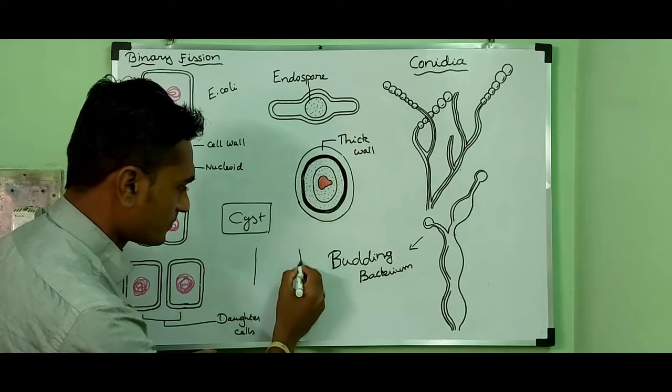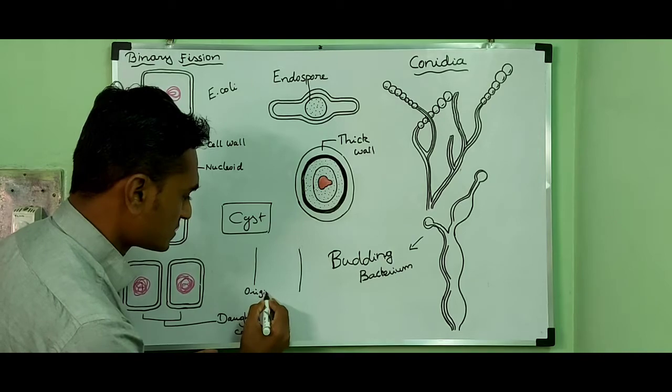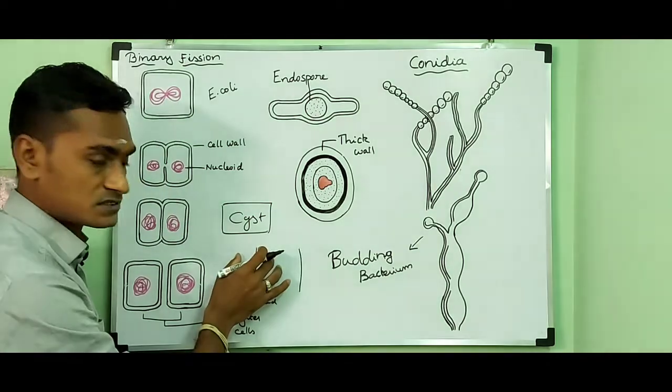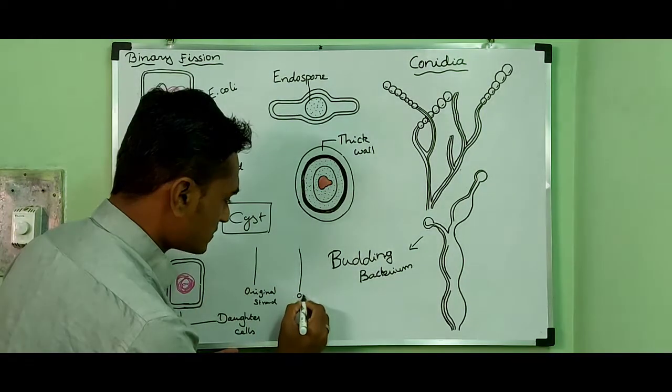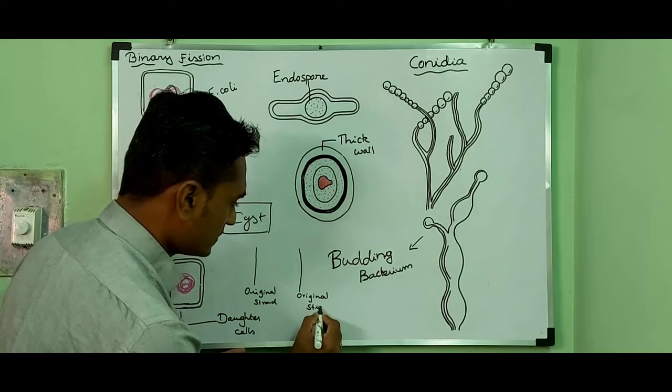So this is the original strand of DNA, this is one strand, and this is another strand. This is also an original strand of the bacteria.